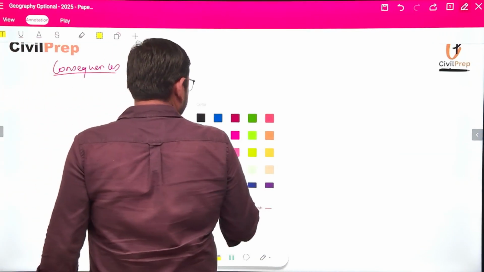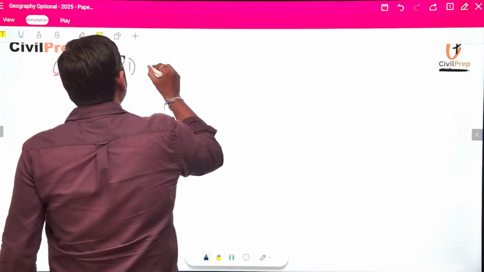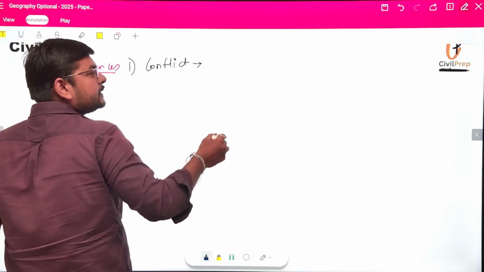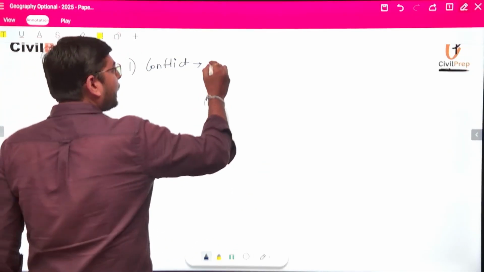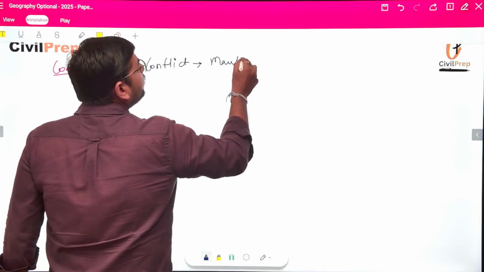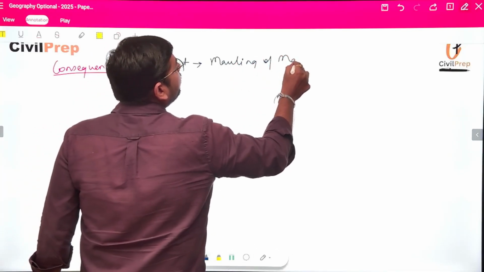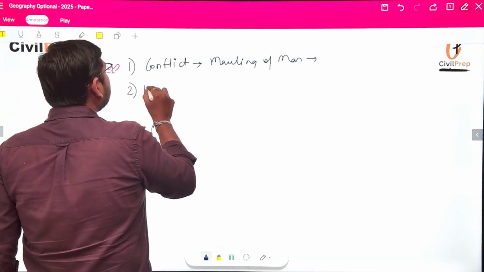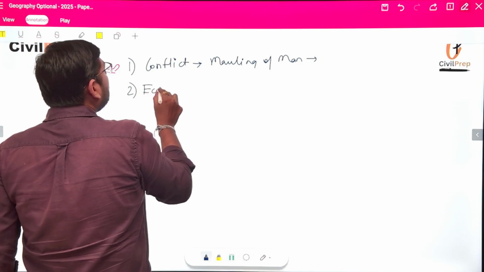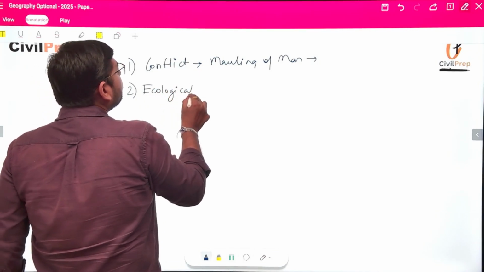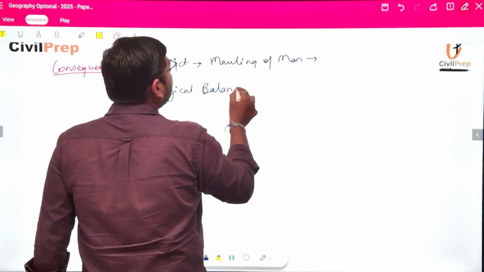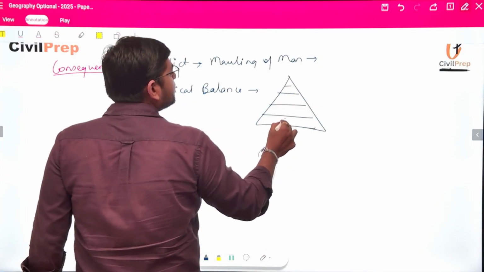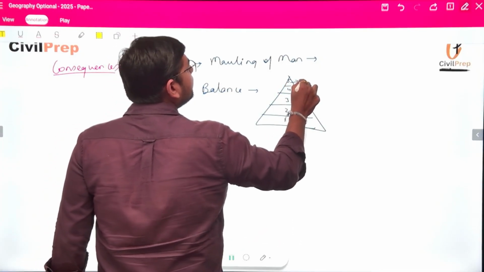When we look at the consequences, number one, because of the conflict, there is the mauling of man. The second thing we see is the ecological balance, in the form of trophic levels: 1, 2, 3, 4, and this is 5, the keystone species.